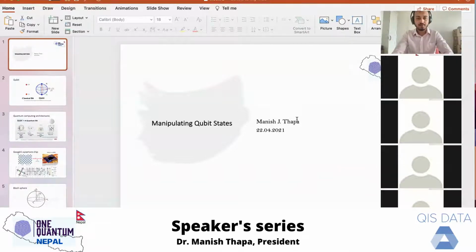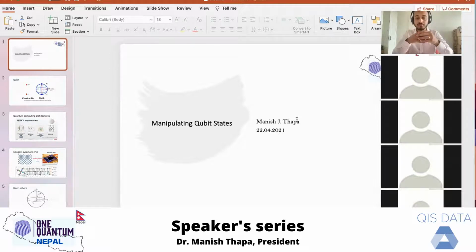Now, today I'll teach you a little bit about how to manipulate states of a qubit, right? Precise and fast manipulation is important to maximize what we call the clock speed of the QPU, not the regular CPU, right?